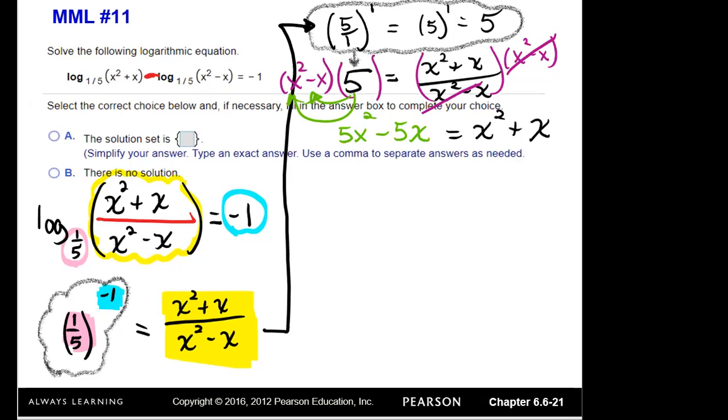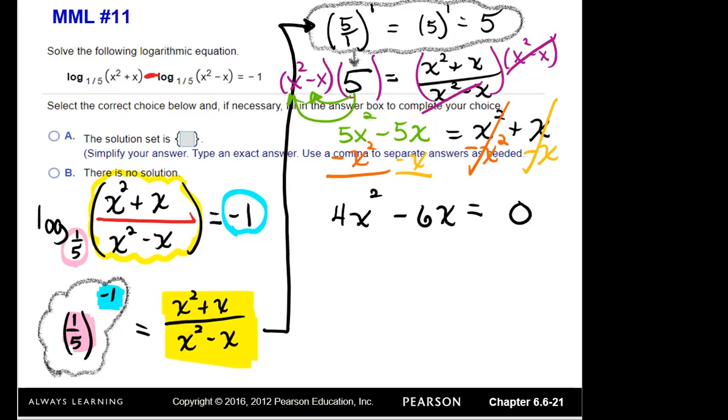So I am going to subtract x squared from the right side, because when I subtract it from the left side, I'll have a +4. So I'm making 0 on the right. So I have to subtract my x squareds, but I also have to subtract this x to cancel it out. So I'm going to end up with 4x squared minus 5 and minus 1 is minus 6x equals 0.